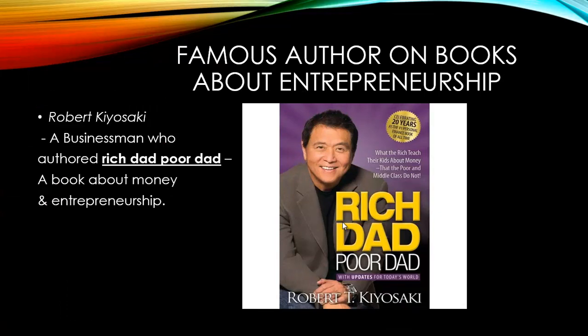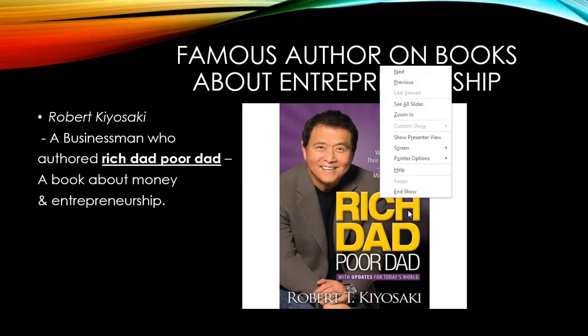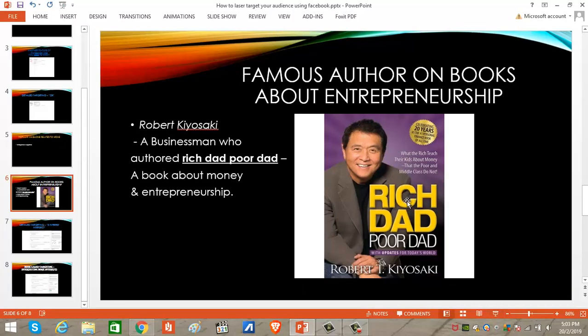This is a very good guy that you will want to follow. I'm giving him free publicity right now. Robert Kiyosaki wrote a book called Rich Dad Poor Dad. It's an awesome book. It's a must read for anyone who is interested in money and entrepreneurship. Now what I want to tell you is you would like to target Rich Dad Poor Dad also, the book itself.